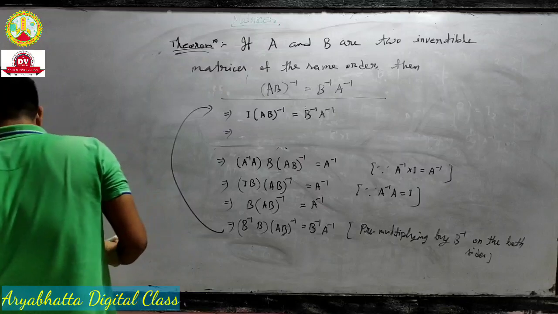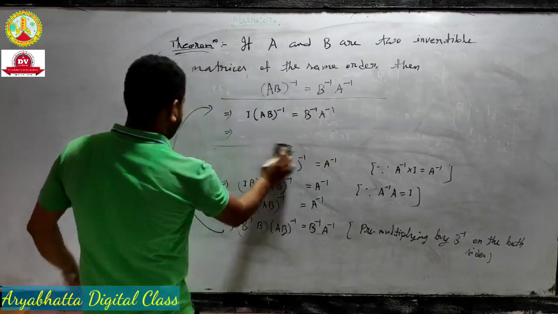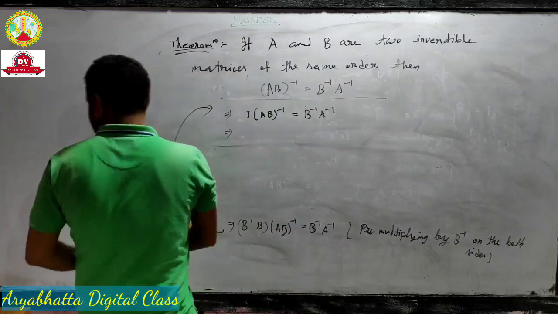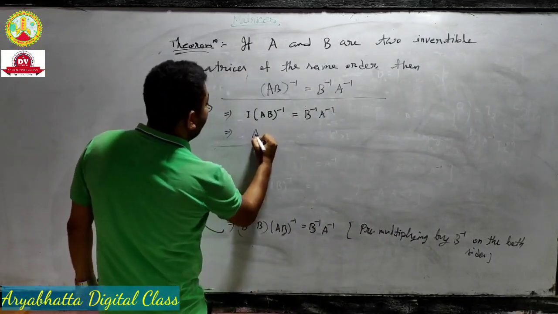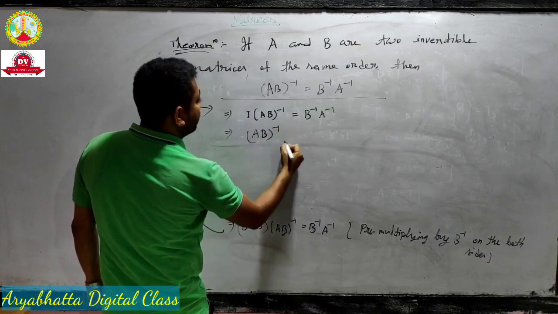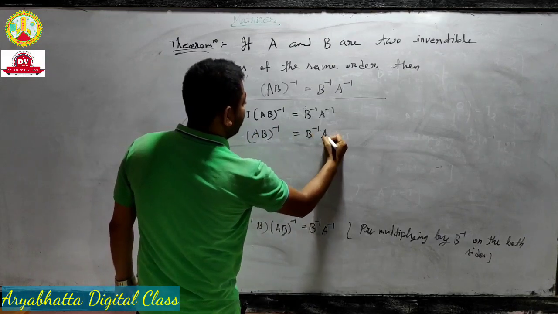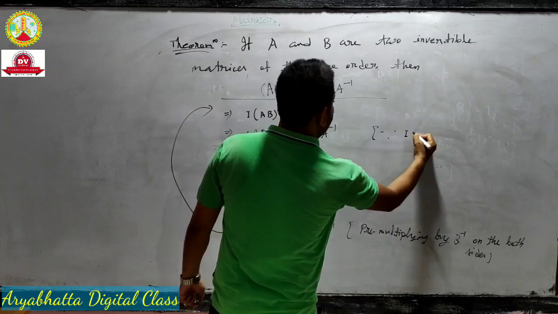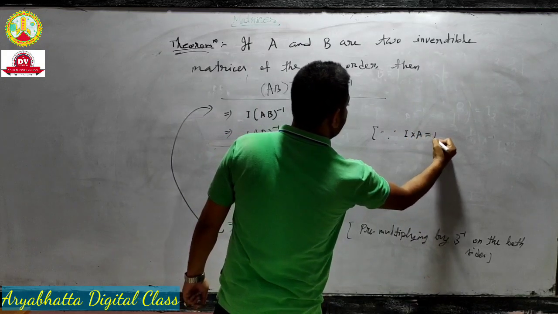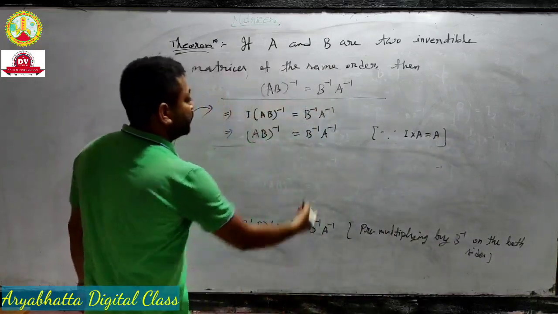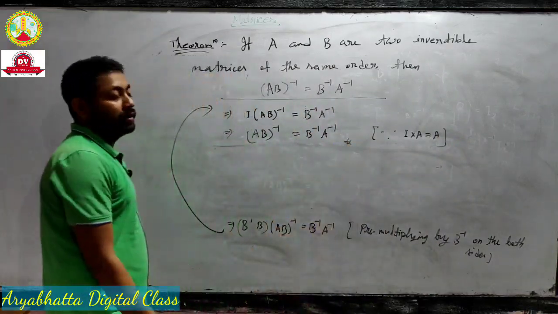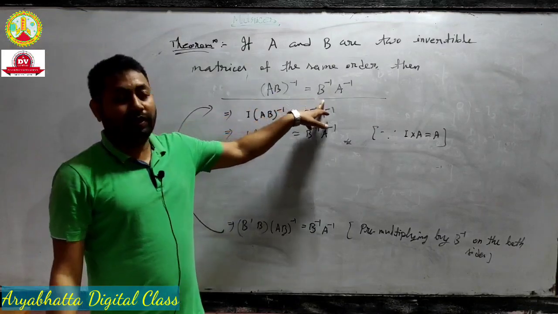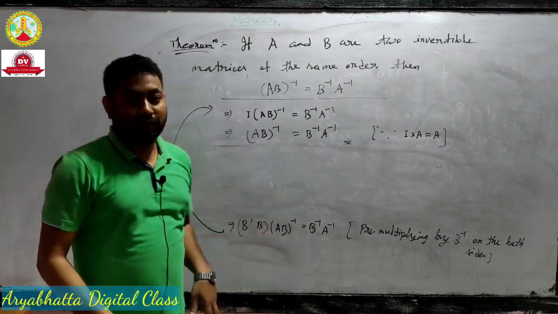This equal to (AB) to the power minus 1 equal to B to the power minus 1 into A to the power minus 1, since I into A equal to A. Hence proved. If A and B are two invertible matrices of the same order, then (AB) whole to the power minus 1 equal to B to the power minus 1 into A to the power minus 1.